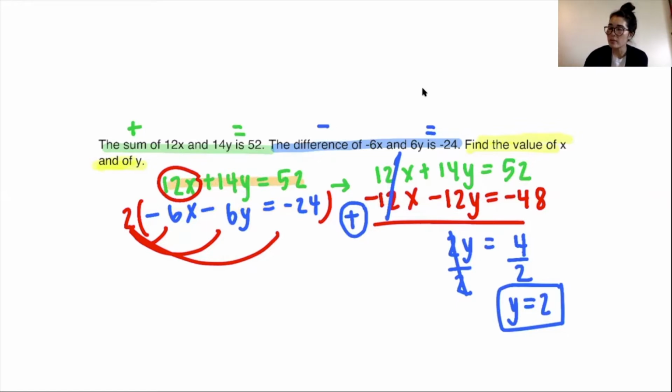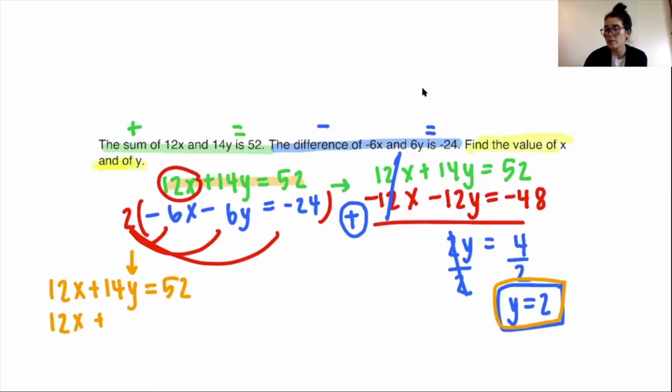All right, when I do that, what's going to happen is I have this 12x plus 14y is equal to 52. I'm going to take that answer that we just found together. So y is equal to 2, and I'm going to plug that in for y, which is right here. So this becomes 12x plus 14 times 2 is equal to 52.